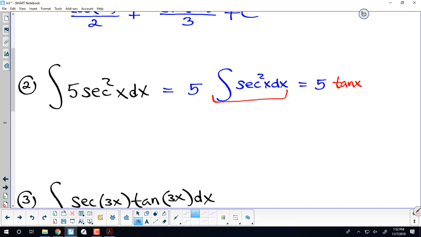I would just recommend not trying to keep up with all of the constants. If you split it up into 10 different antiderivatives, you just find the antiderivatives and at the very end put a plus c. It's a little bit different when we look at other problems, where it's clear that you need to keep track of the constant. For just strictly finding antiderivatives, just put the c in at the end.